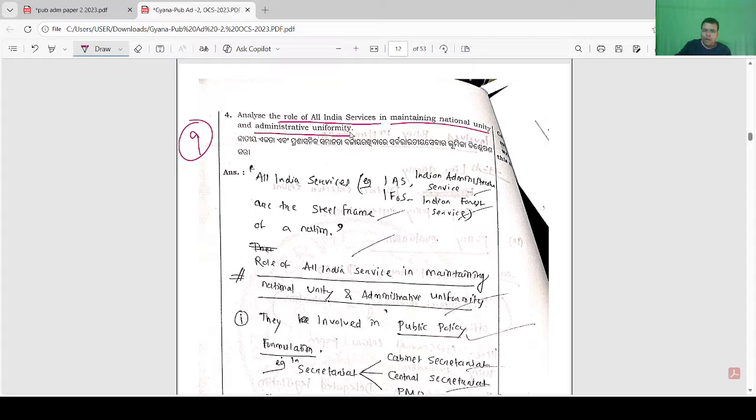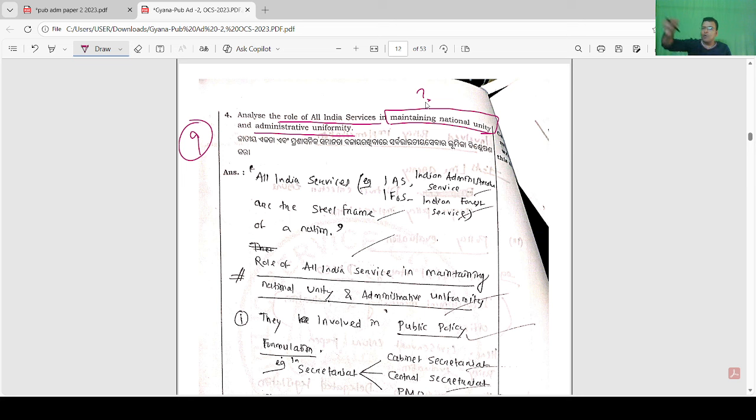If the question were the role of All India Services in welfare and development of the nation, this answer is great. On administrative uniformity, this answer is good, but he has missed the concept of national unity. That part is missed in the answer, so he got 9 marks, otherwise it would have been 11 marks.